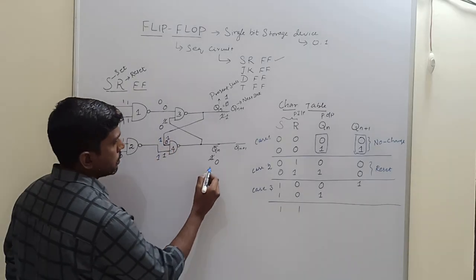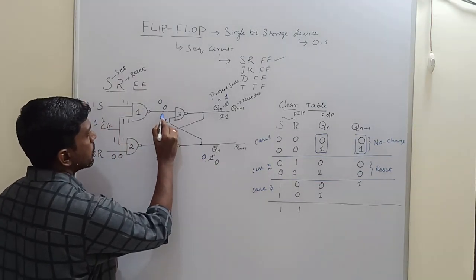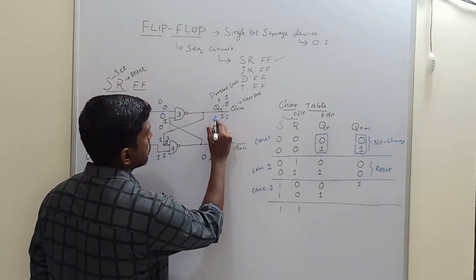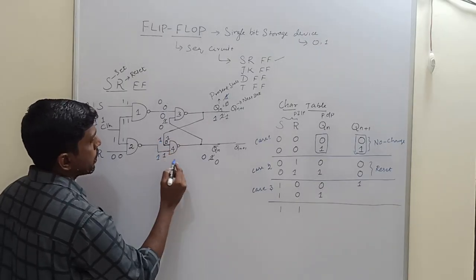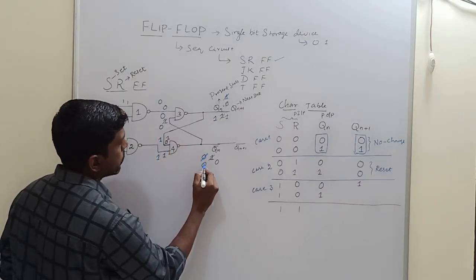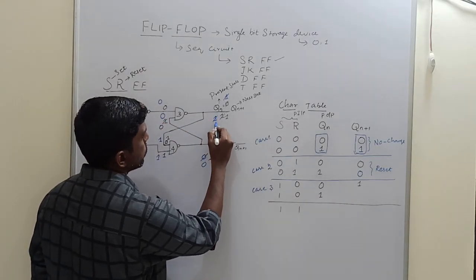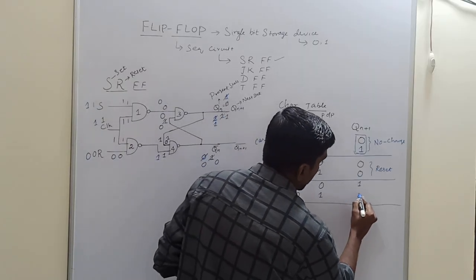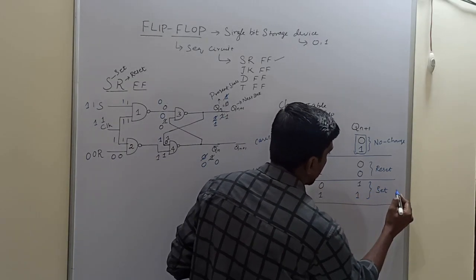So 1, 1. Qn bar is 0. So this 0 is given to third NAND gate second input, 0, 0, 1. So this 1 is again feedback to here, 1, 1, 0. So this 0 is given to here. So 0, 0, 1. So it's a stable state. The next state is 1. So it's the set state.